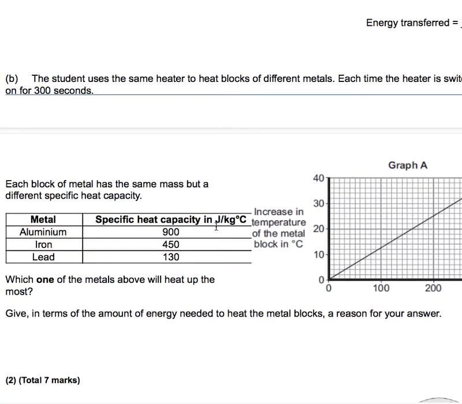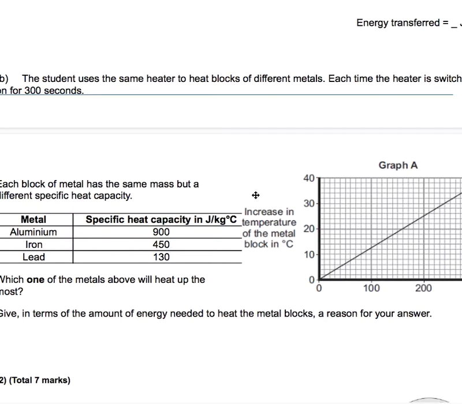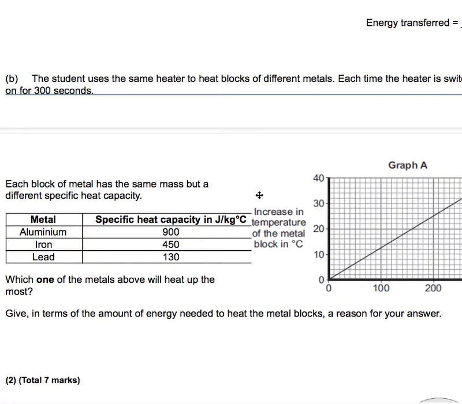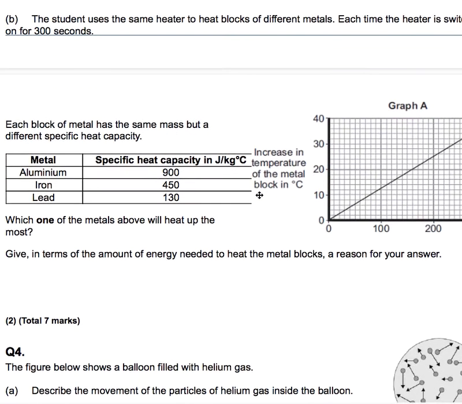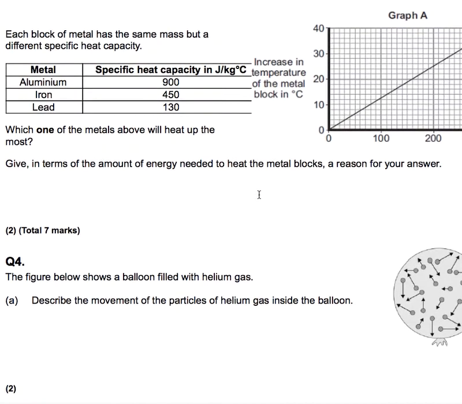The student uses the same heater to heat blocks of different metals, each time the heater is switched on for 300 seconds. So which one of these will heat up the most? And you're told the specific heat capacity. Now this is about understanding what this means.